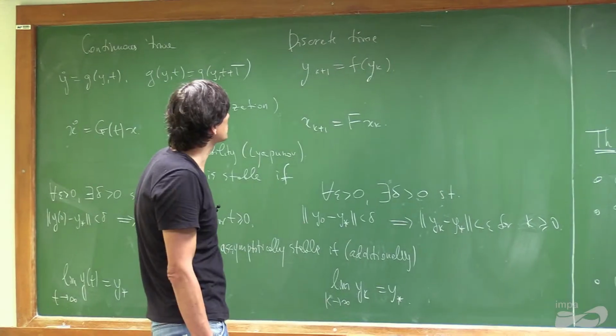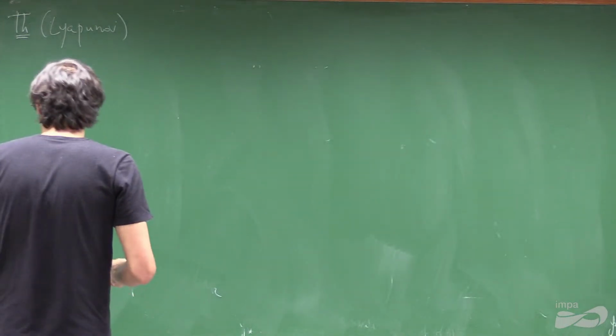And here, these properties are equivalent to the properties for the discrete time version. So we need to know when stability or instability of this system implies stability or instability of the full nonlinear system. And the theorem by Lyapunov is just analogous to what we had before.